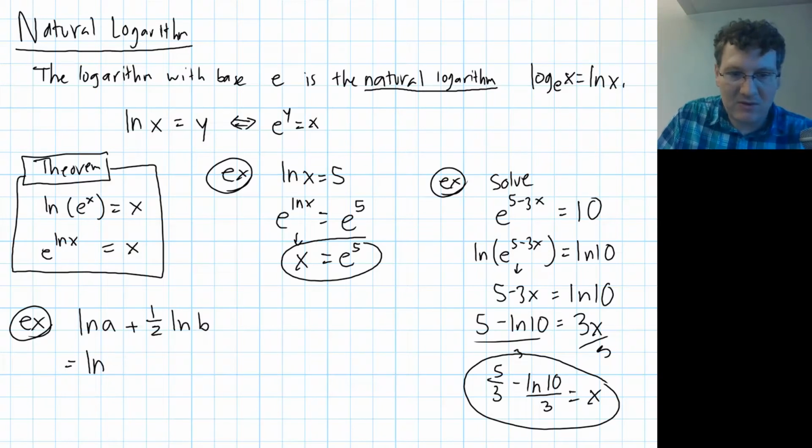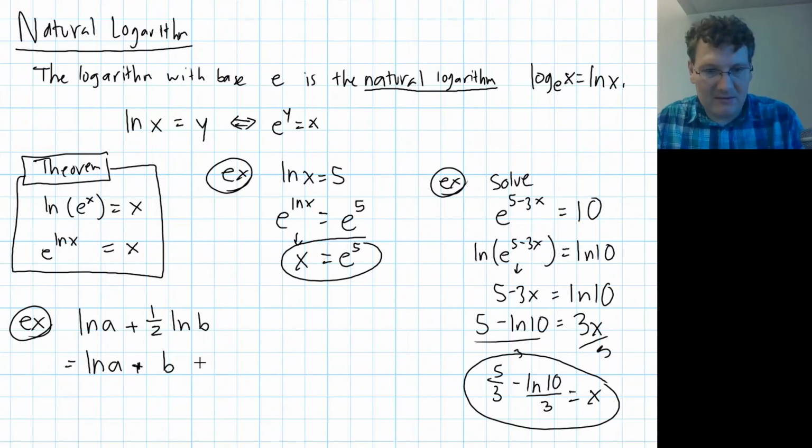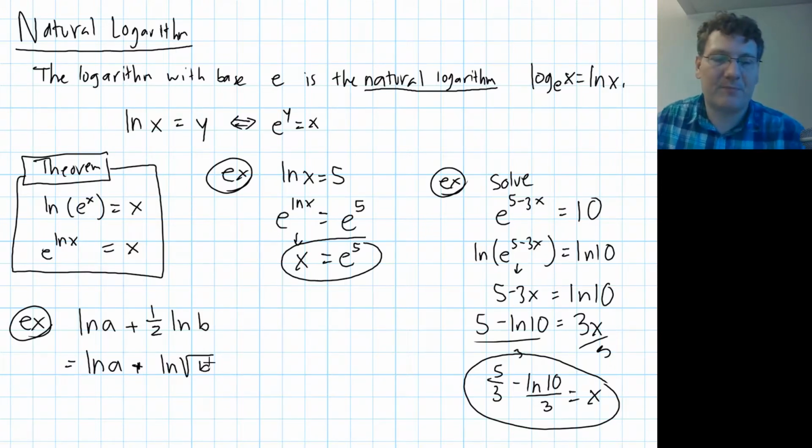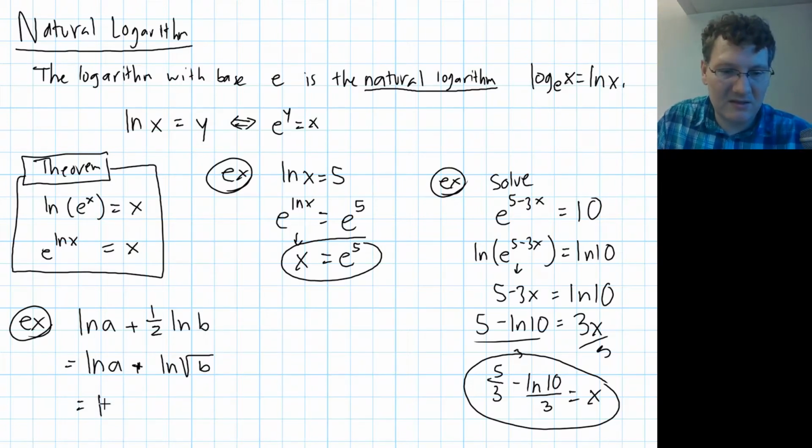So the natural log of a is fine, but the natural log of b to the 1/2 power, I'm going to write as the square root of b. And then the sum of two logarithms is the natural log of the product, a root b. And there you go.